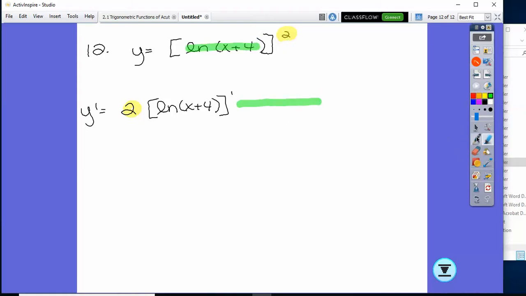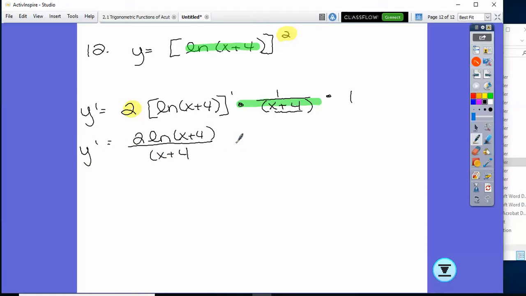So a derivative of a natural log is 1 over the argument. Chain rule one more time. Derivative of the inside. What's the derivative of x plus 4? 1. So this gives me 2 natural log of x plus 4 over x plus 4. There's our derivative, and we want that to equal 0.